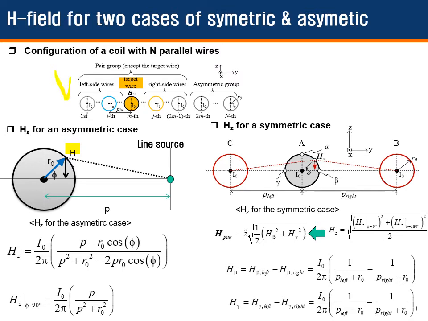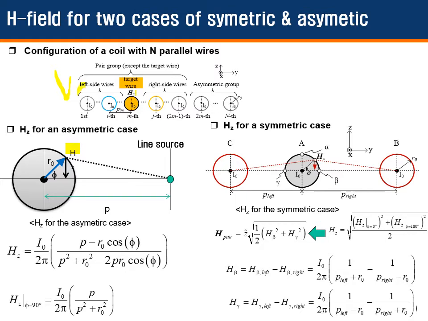This figure shows the M parallel wires. To calculate the H field Hm in the M parallel wires, we can consider two cases.